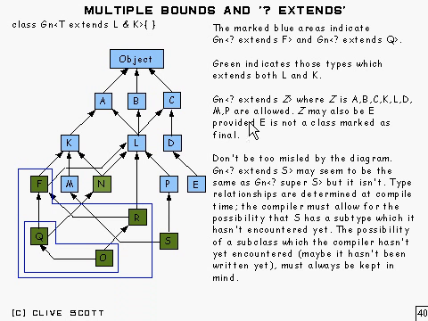Okay, so what about things like Gn of something that extends Z, where Z is like ABC, or KLD, or M or P? Well, if it's any of those, it does exactly what you'd expect it to. So, for instance, if it was P, Gn of something which extends P would just pull out the S there.